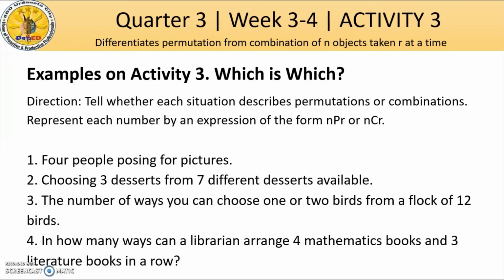Number 1. 4 people posing for pictures. Number 2. Choosing 3 desserts from 7 different desserts available. Number 3. The number of ways you can choose 1 or 2 birds from a flock of 12 birds. Number 4. In how many ways can a librarian arrange 4 mathematics books and 3 literature books in a row?